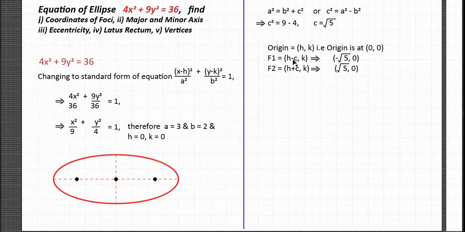So F1 would be equal to (h minus c, k), that is (minus root 5, 0), and F2 would be (h plus c, k), that is (root 5, 0).